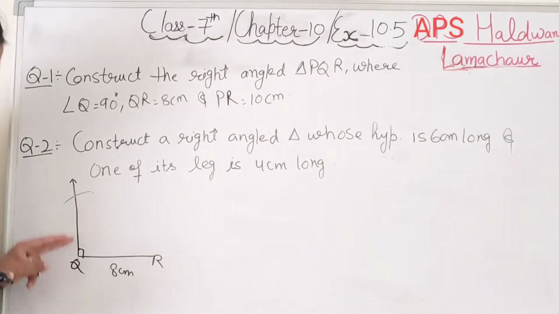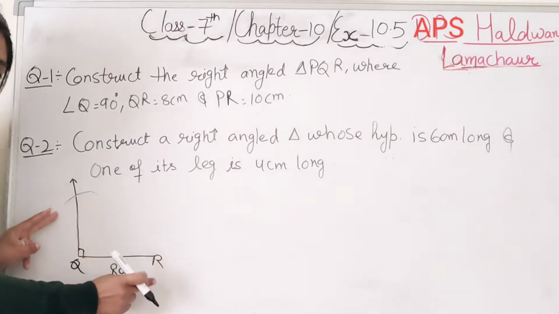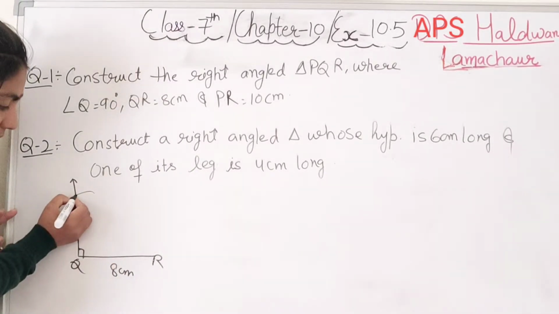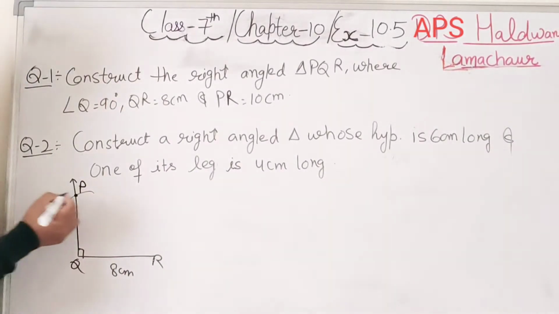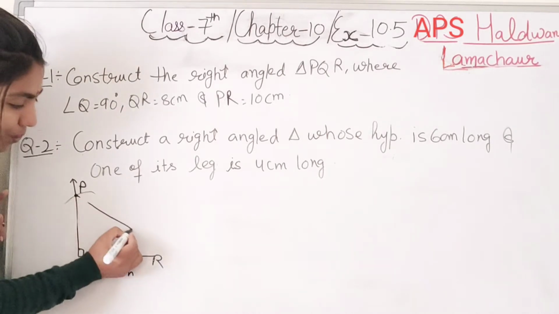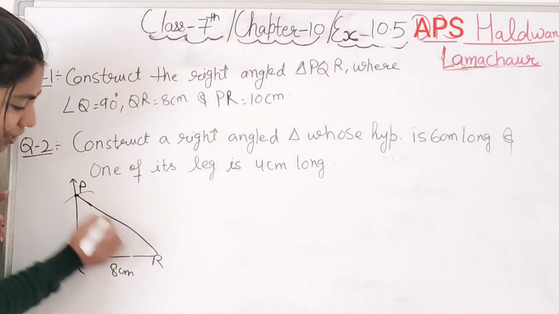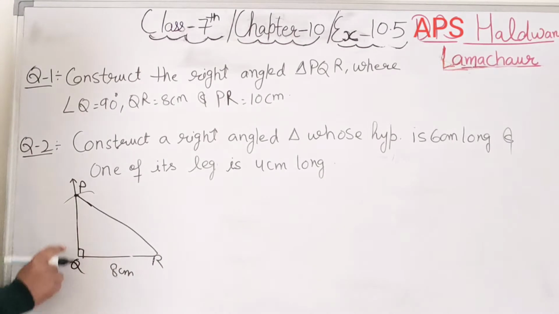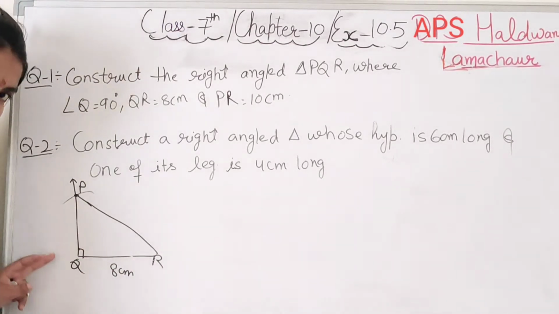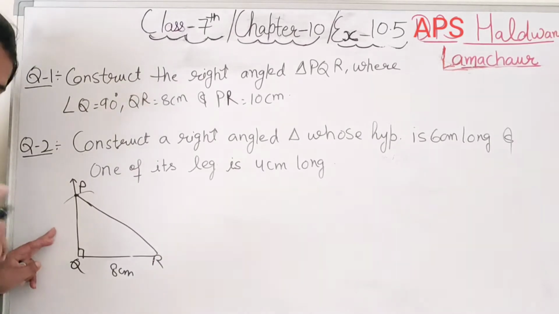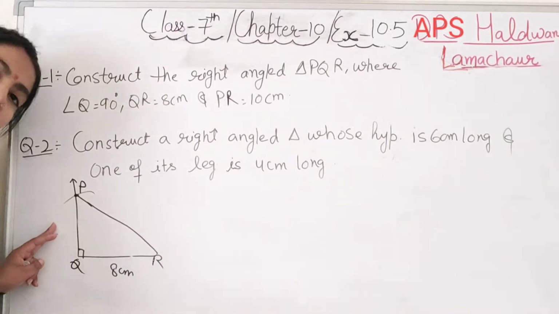One arc, one line of Q1 and one arc from point R. So the cut point will give point P. This point P you will join with R. So this is the required triangle PQR, right angle triangle. Right student? Very simple, no? The same type of question we have done in the previous exercise. So every time the questions are the same only.